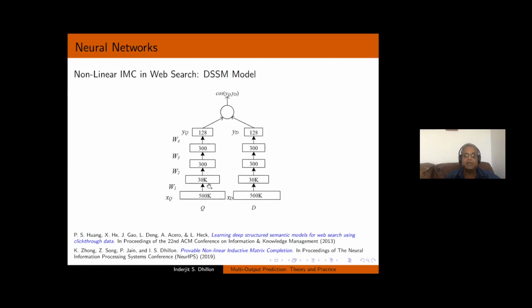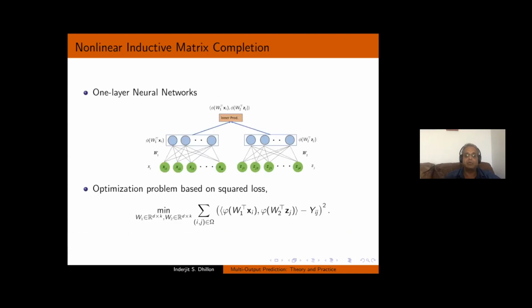Of course, there are non-linearities over here. So the question is, can you actually give any guarantees on this nonlinear inductive matrix completion problem?